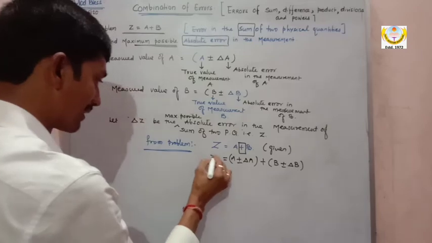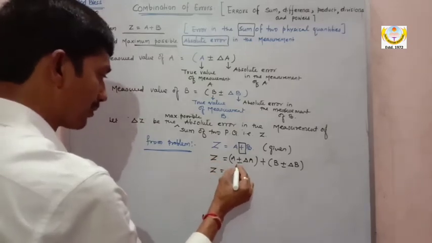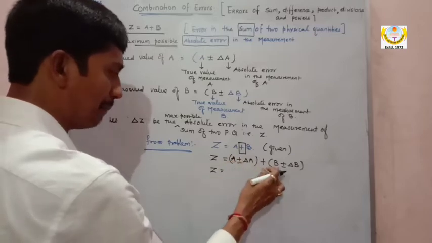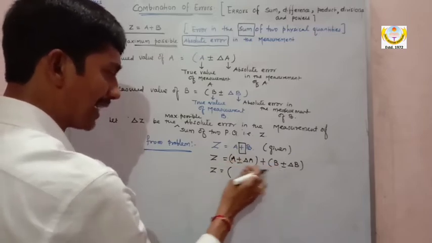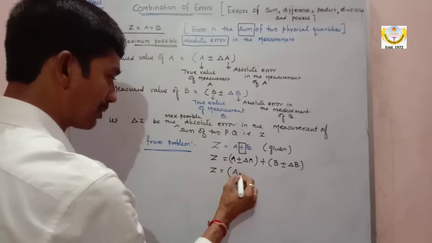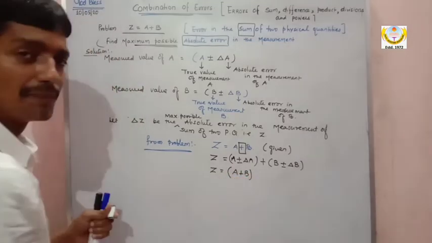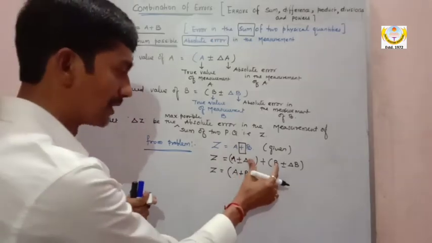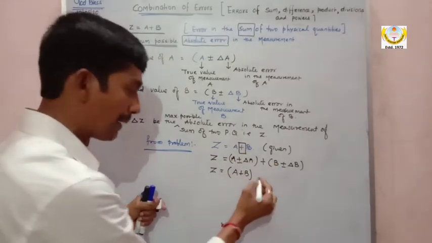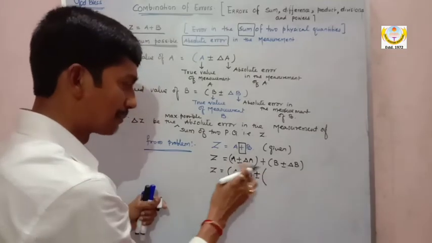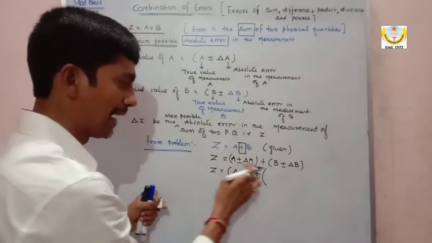So now, my dear, this is Z. So Z is equal to this. How can I solve this? A and B are the true values, so I can add them together. So this is A plus B, that is, the true values taken together, plus minus. You can see plus minus.